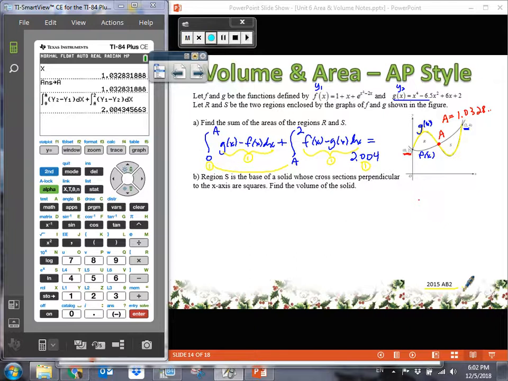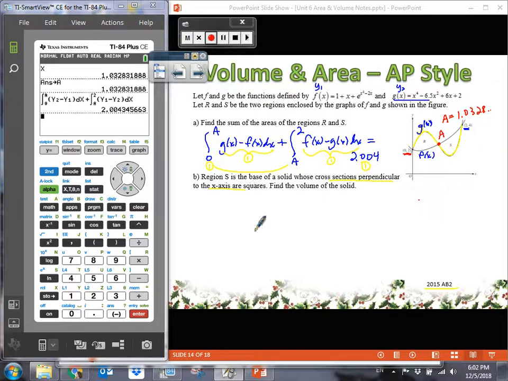And what we have is region S is the base of a solid whose cross sections perpendicular to the x-axis are squares. Find the volume of the solid. Okay, so this was the first kind of volume that we did, the cross-section ones. Remember that? So the cross-sections, we are perpendicular to the x-axis.